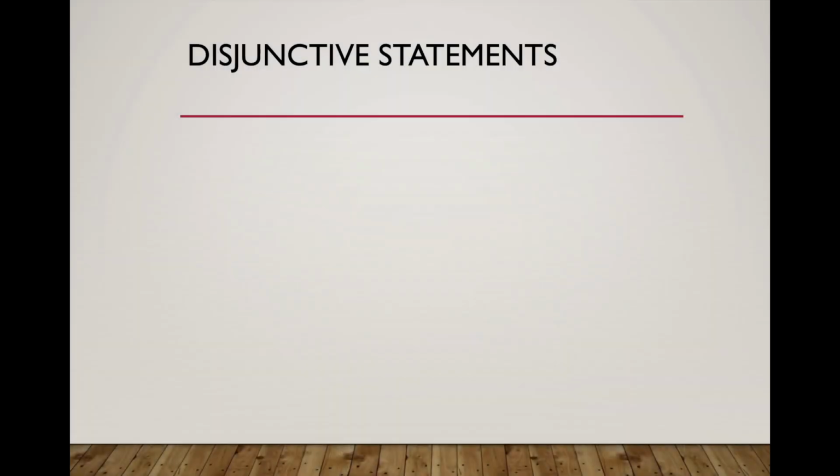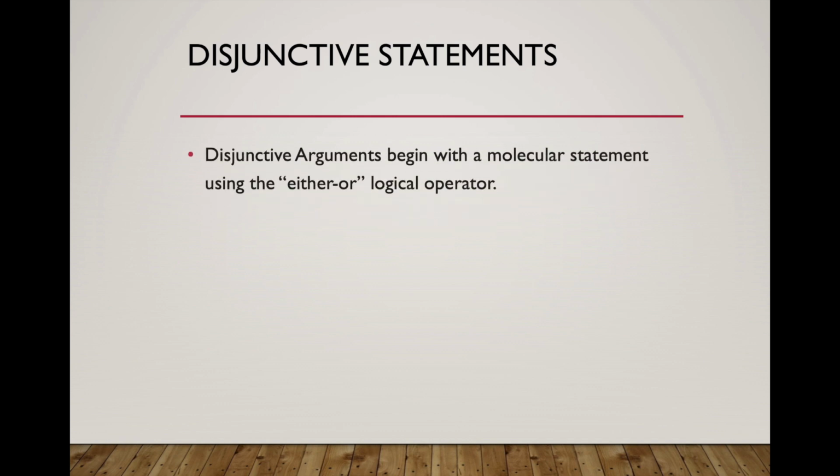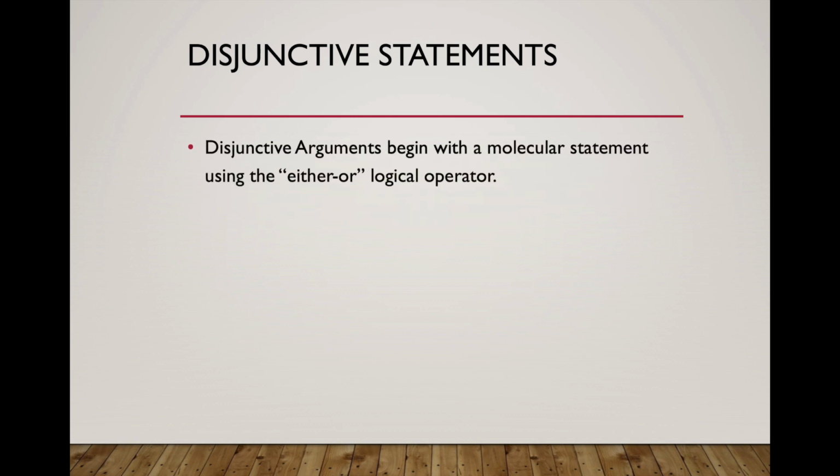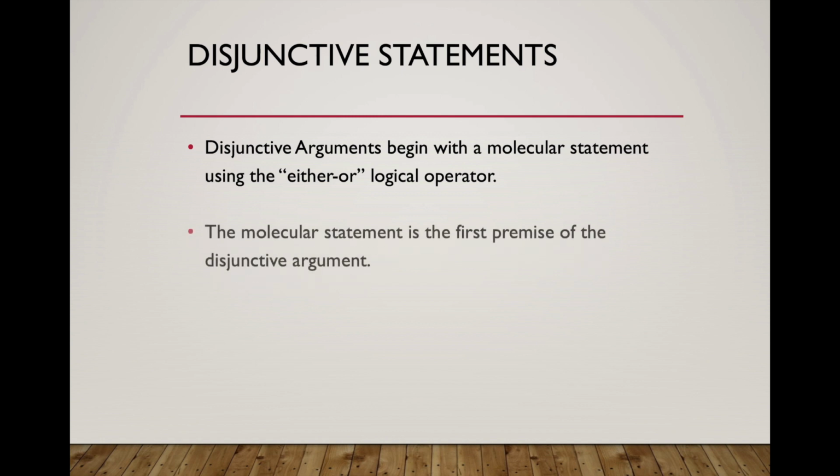So now we'll move to discuss the rules of inference for disjunctive statements and disjunctive arguments. Now, disjunctive arguments, we said, begin with the molecular statement using the either-or logical operator, or variations of that. But in standard logical form, it would be either-or.